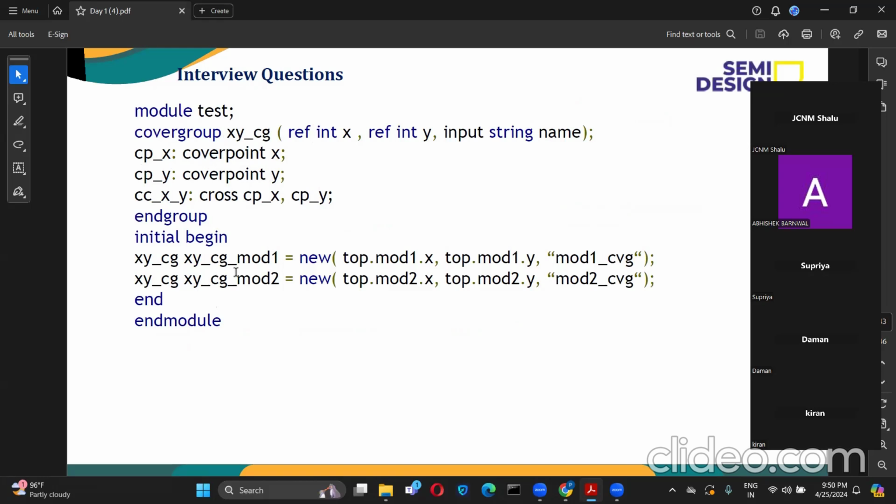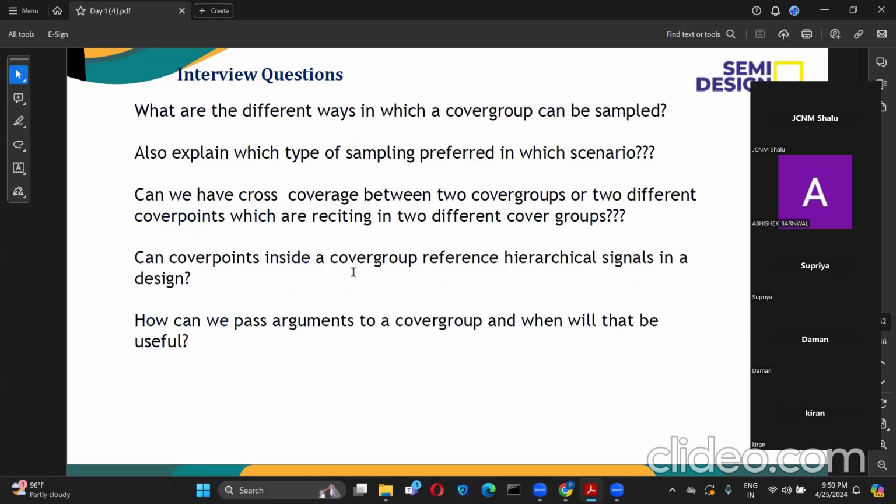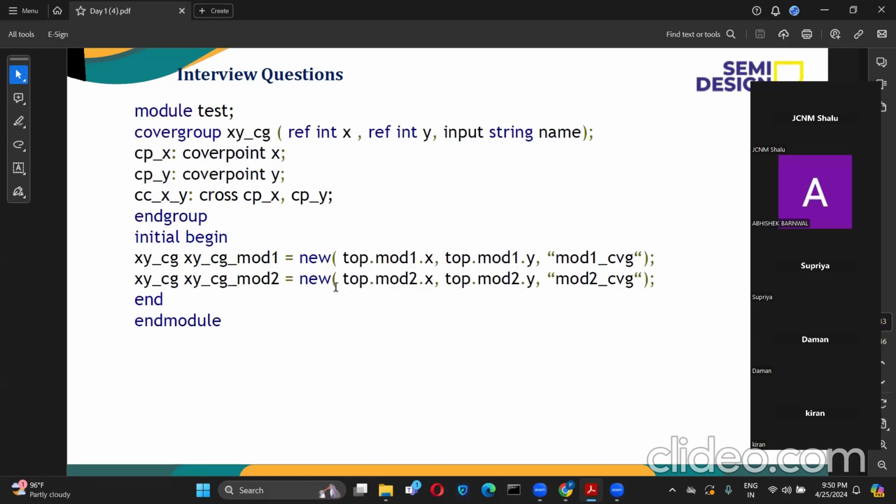In the initial begin, we are creating it by giving a hierarchy. So the question was, can we give it through the hierarchy? It is possible. Hierarchy means, for example, you know the architecture, right? The entire top will be inside the test, inside that the env, and inside env you will have an agent, and so on.